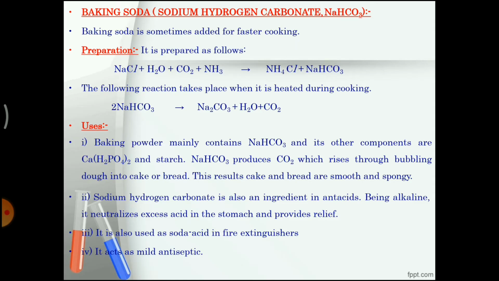Uses of sodium hydrogen carbonate, baking soda. We know baking powder is a mixture of baking soda and a mild edible acid such as tartaric acid. When baking powder is heated or mixed in water, the following reaction can take place: NaHCO3 plus H+ gives rise to carbon dioxide plus H2O plus sodium salt of an acid.